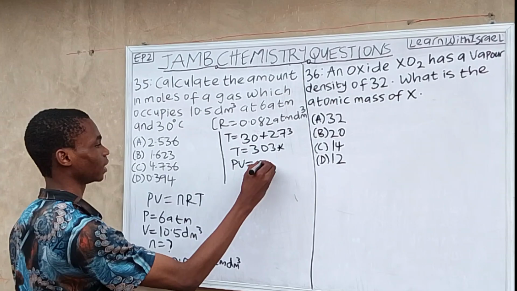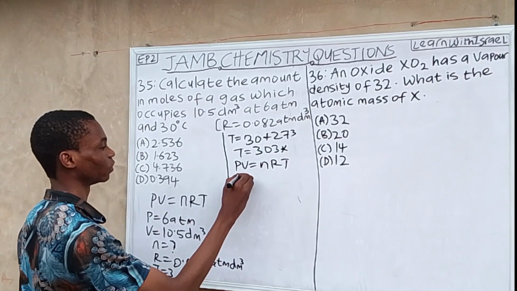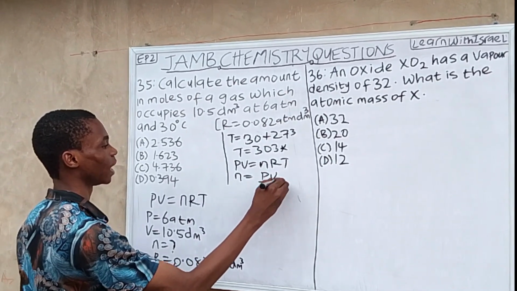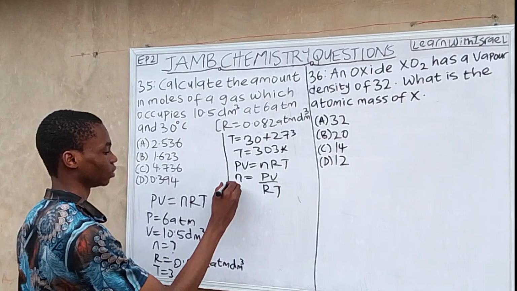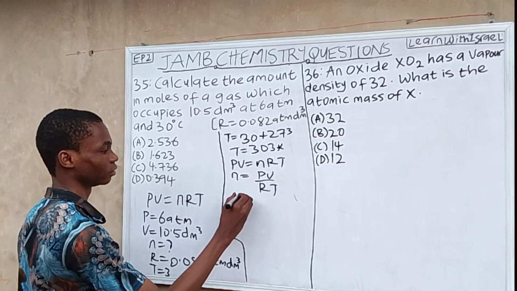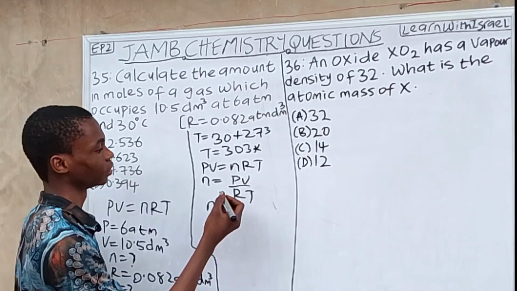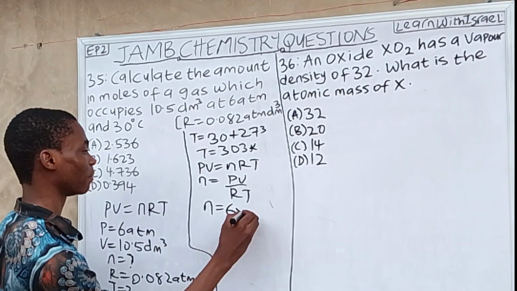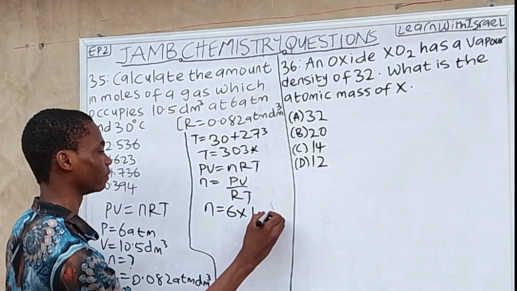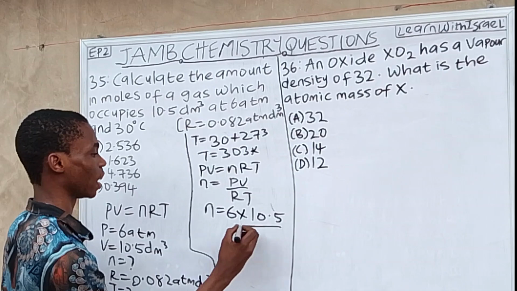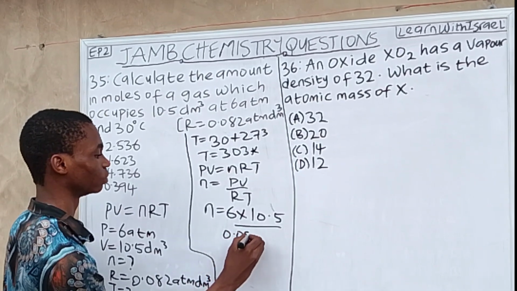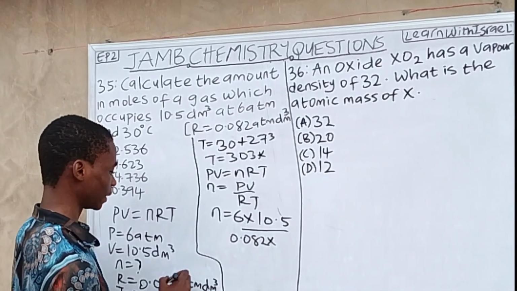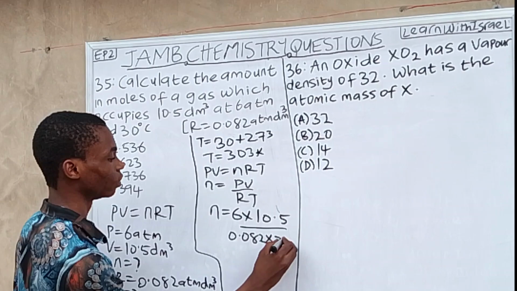So let's bring it back here. PV equals nRT. We make n the subject of the formula, and we now have PV over RT. So our n equals P, which is 6, multiplied by V, which is 10.5, over R, which is 0.082, multiplied by T, which is 303.